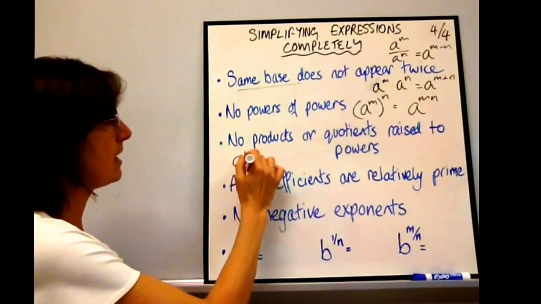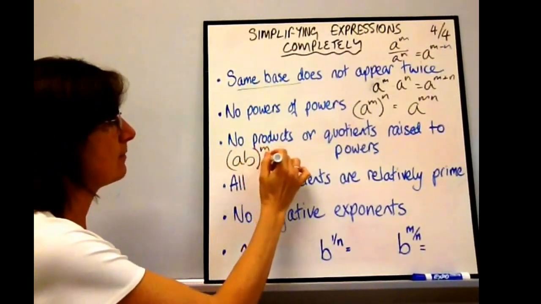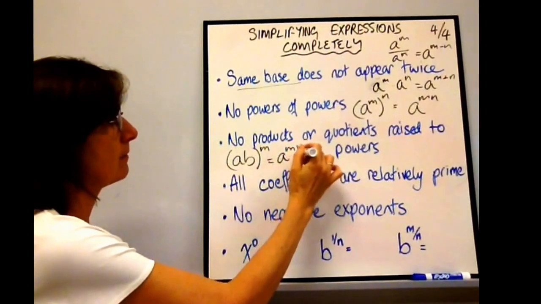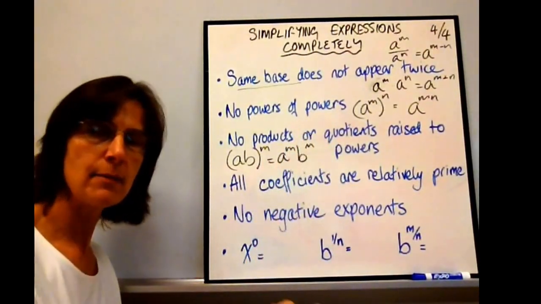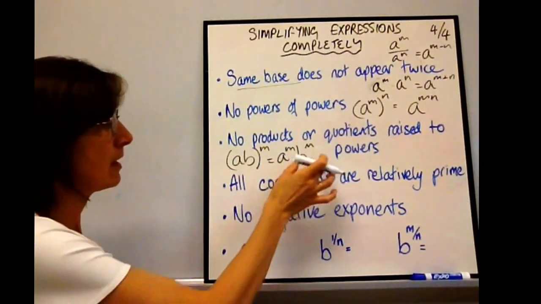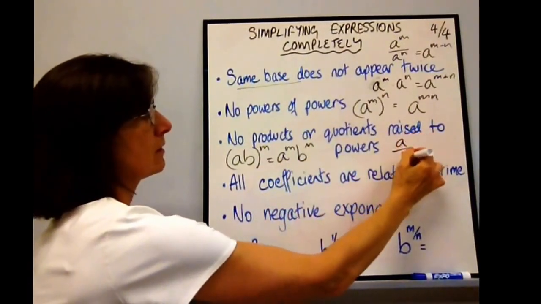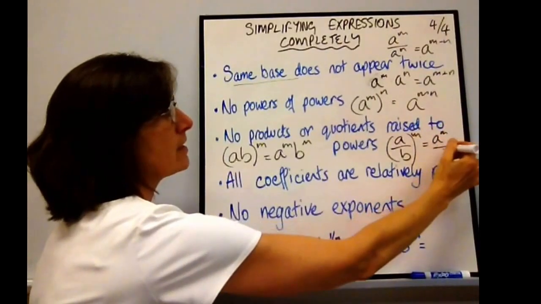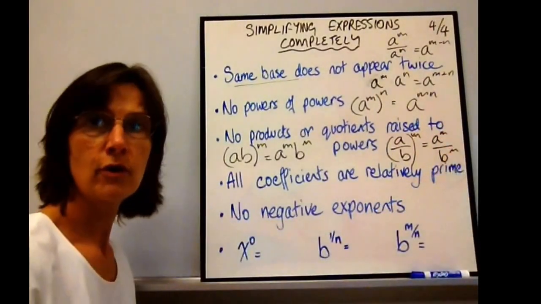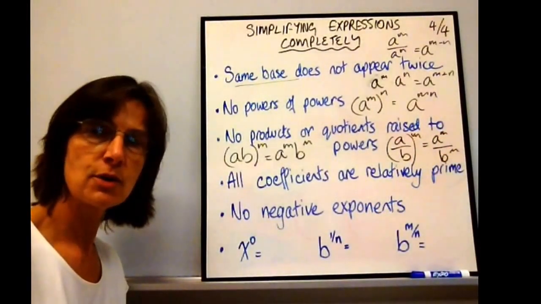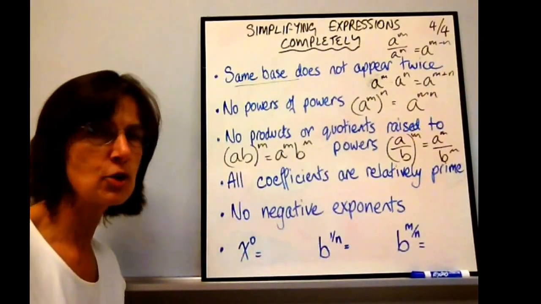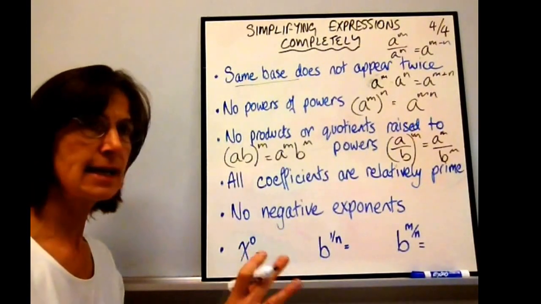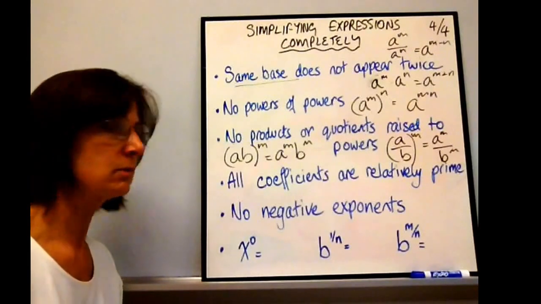That is ab to the m is a to the m, b to the mth. And the related one is this one. You have these in your notes from regular 8th grade classrooms, so you should have all of these. You might want to jot them down. It's really telling us, remember to use all your rules.